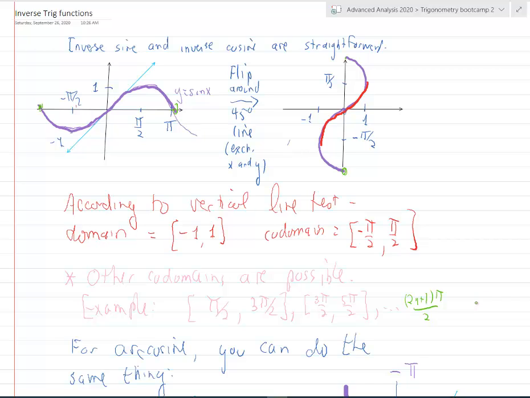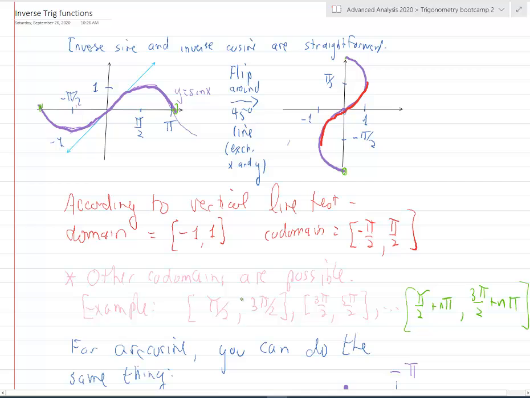I think it's easier to do it this way: the basic one is pi over 2 to 3 pi over 2, but I could add n pi to that. So these are the possible codomains for the arcsine.